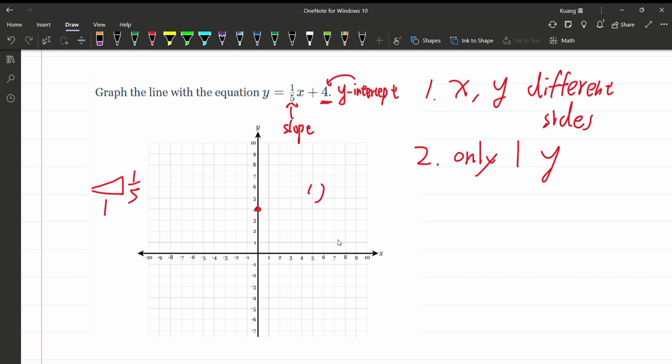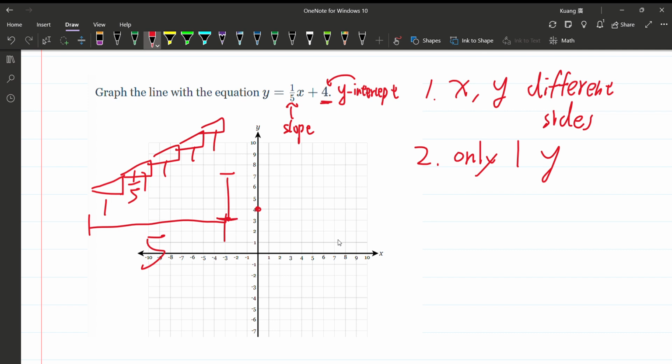Okay, so how can we find the second point on the line? If you do this 5 times, 1, 2, 3, 4, 5, then that means that you move 5 units to the right. And how about the vertical displacement? There will be 5 times 1/5, an increase of 1 unit.